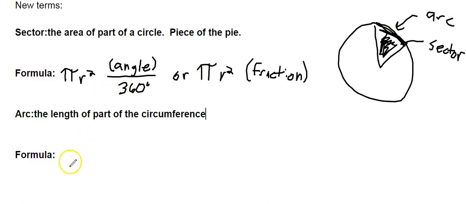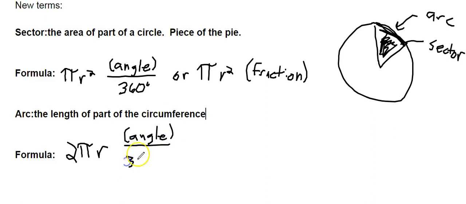The formula for the arc is going to be 2 pi r, but again, I need to multiply by the interior angle of that pie piece, or the arc, divided by 360.